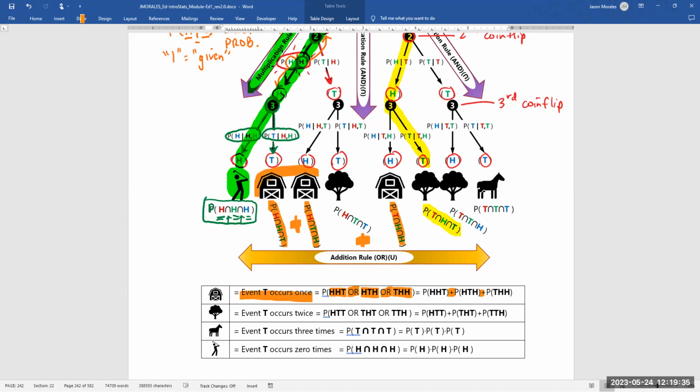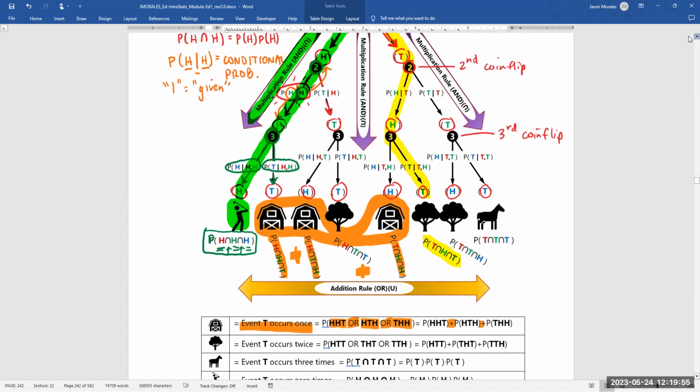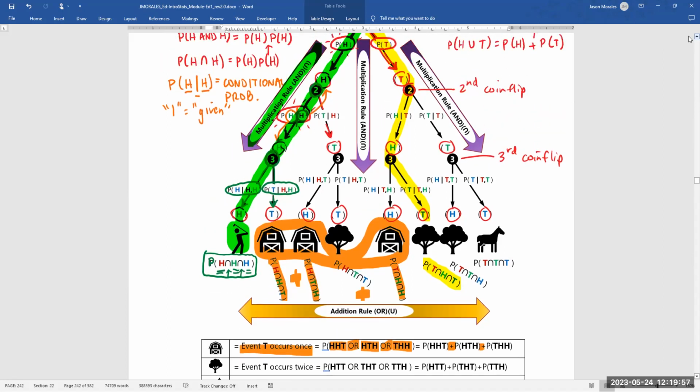So by adding these 3 probabilities together, that'll give you the probability of getting at least one tail. So you see, we use the addition rule across the bottom of the resultant outcomes, and we use the multiplication rule down the branches.